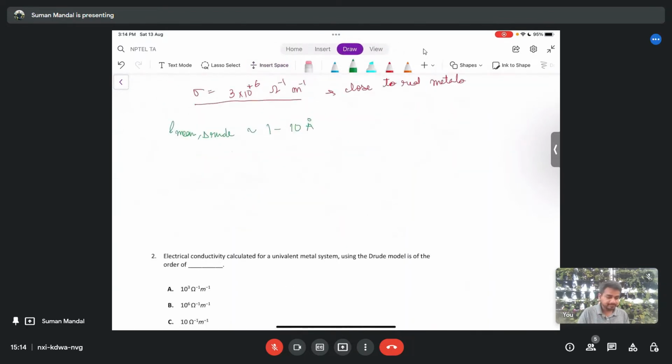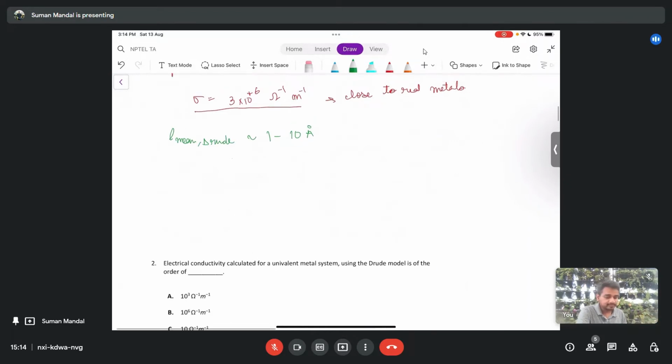So if you look at the failures, the first failure is that the actual mean free path is much larger than the Drude mean distance, and in fact, it could go to some centimeters of distance at a time.